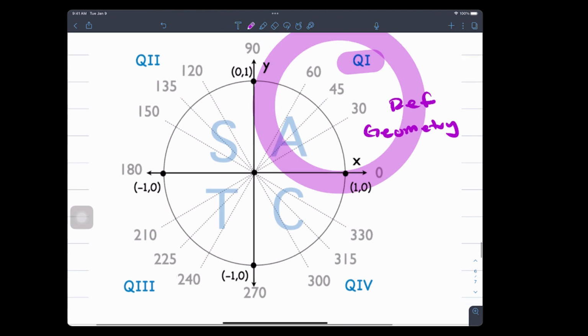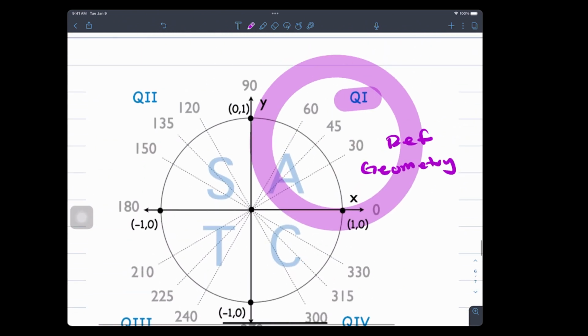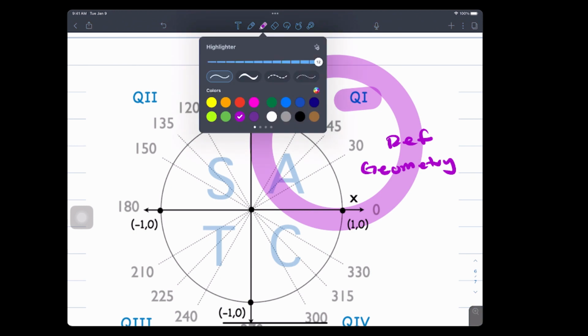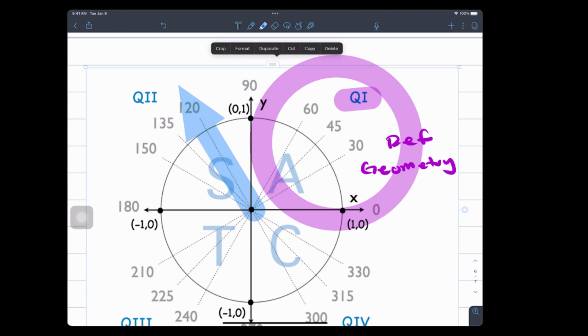So if they're going to say to you, hey, what is tangent of 120? What do you guys notice right off the bat? When you start at 0 and you rotate to 120, where is this angle? That's in quadrant what? 2.